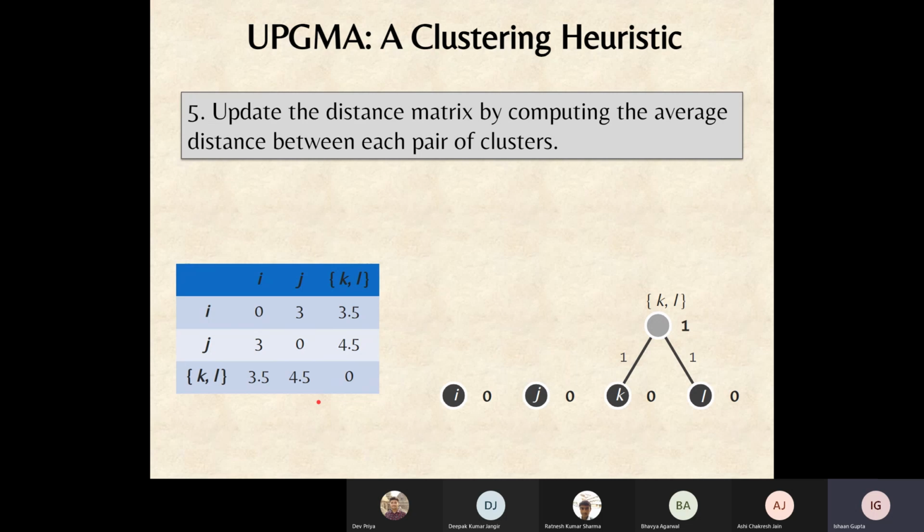The distance between K and L is the same. Similarly, you merge them. The distance between I and J doesn't matter, but the distance between I and K and J is this. The distance of K and L is 3.5, the distance of K and L from the merge is 4.5. So you merge them and this becomes 4. Similarly, 3.5 and 4.5, you merge them and this becomes 4.